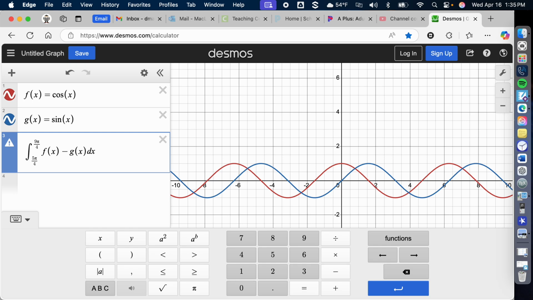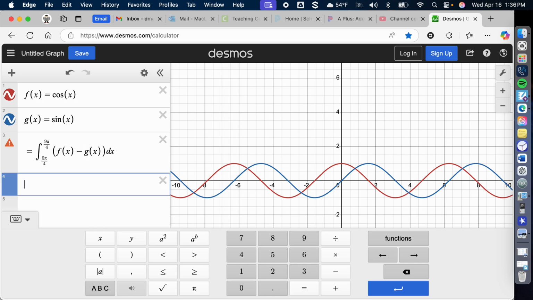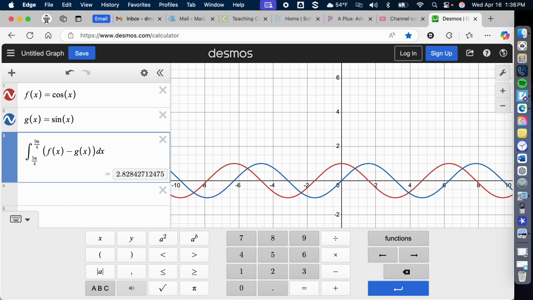Oh, did I forget equals? Parentheses. You need to do parentheses around the f of x and g of x, I think. No. I probably have to put equals afterwards. Yeah, okay. Good call.